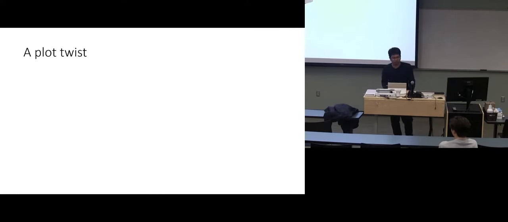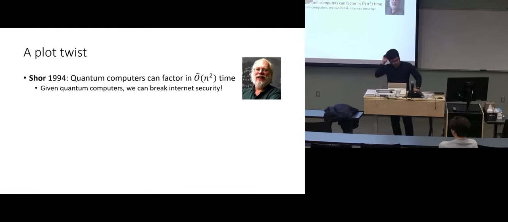There's one plot twist. Some years ago, about 20 years ago, it turns out that Peter Shor showed that a quantum computer can actually factor numbers fast. It takes just n squared time. So that's really cool, right? It means that if someone successfully builds a practical quantum computer, then you can break internet security.